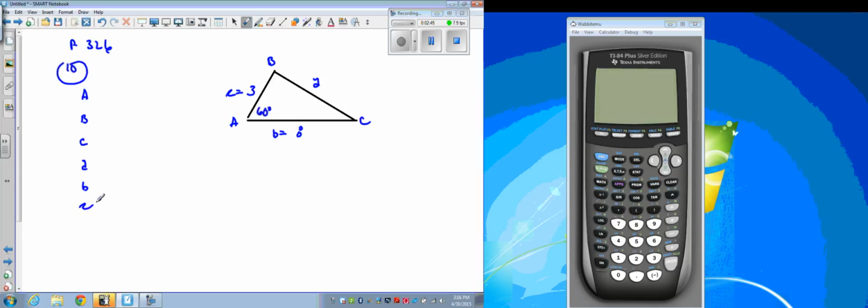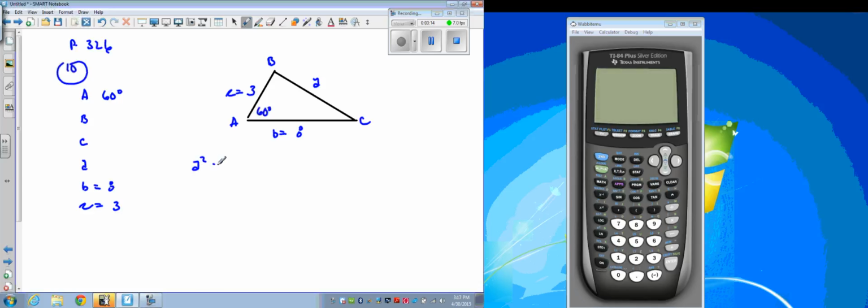So the way I've done it here is 3 is given to us, this one's given to us, and then this one is 60. Now notice that it's side, angle, side, so it's an included angle. And so it's case 3, so we want to calculate this, and we're going to use this formula.